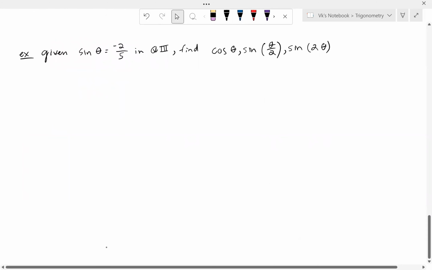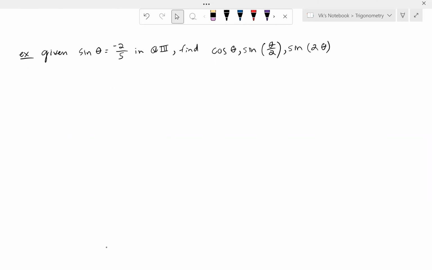One more example. Given sine of the angle theta is negative 2 over 5 in quadrant III. That is the number 3 here. Roman numeral 3 is better. Find cosine theta, sine of theta over 2, and sine of 2 theta. Okay.